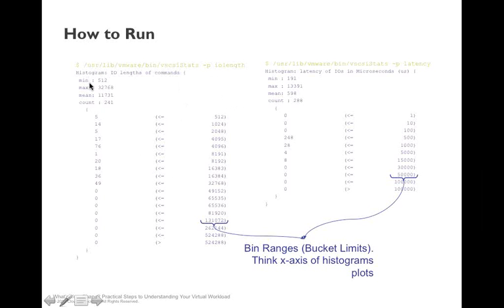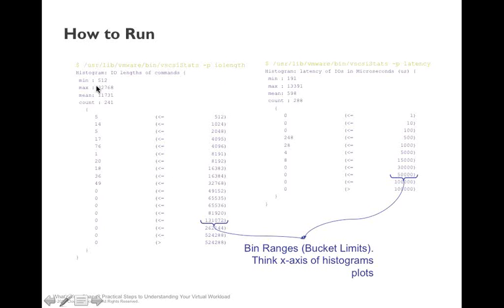You'll see something very interesting here. The first thing that you see in this histogram output is the min. What that means is, in the time period that you were measuring, what was the smallest IO length that was observed?